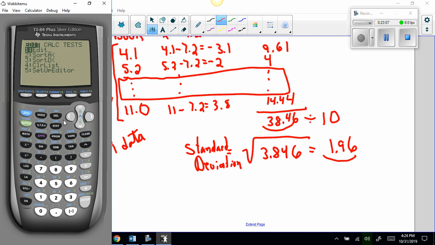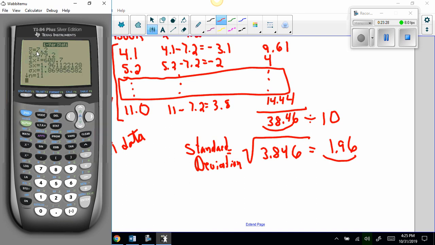Now if you go stat, calculation, first variation statistics, this calculator is staring at list 1, and I'm going to just go down to calculate, or you people with the other format, just hit enter.